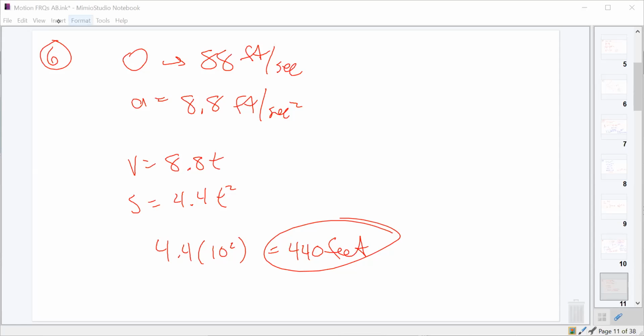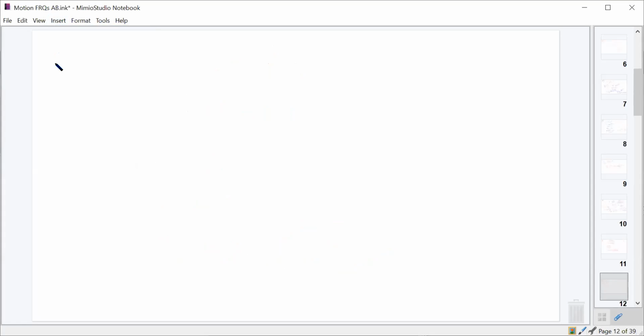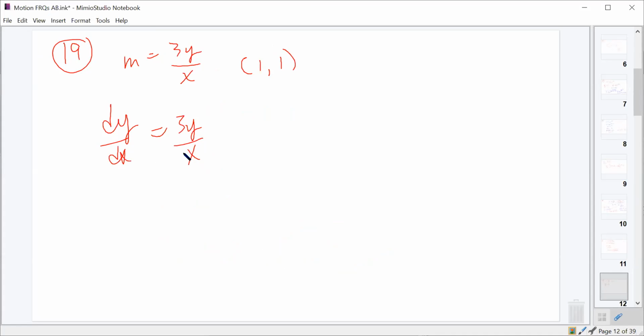Next one should be number 19. Maybe my pen will work. There we go. It says the curve that passes through 1, 1 and has a slope of 3y over x. All right, so if it has a slope of 3y over x, that means that dy dx equals 3y over x. Or it means that dy over 3y equals dx over x.